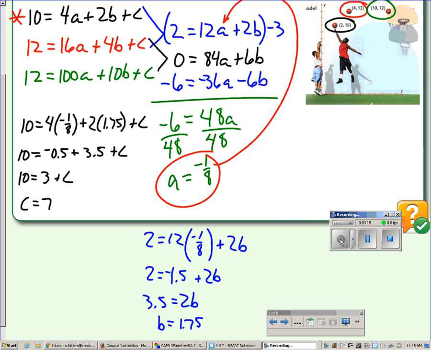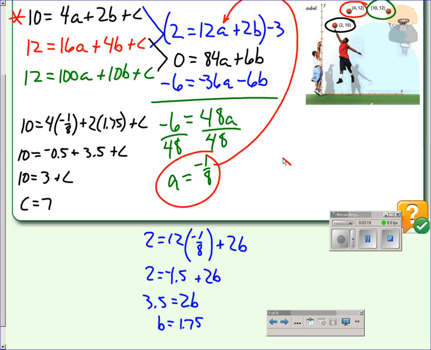So the equation of the parabola that the ball is following would be y equals -1/8 x squared plus 1.75x plus 7. And as you can see, the plus 7 is the approximate location where the ball was let go, right about there, and it follows that parabola.